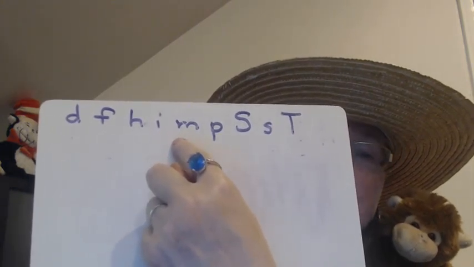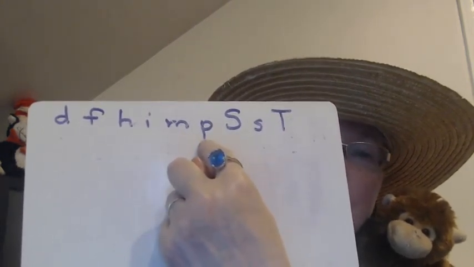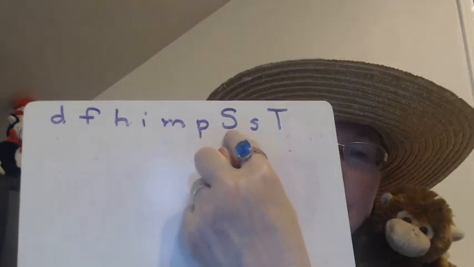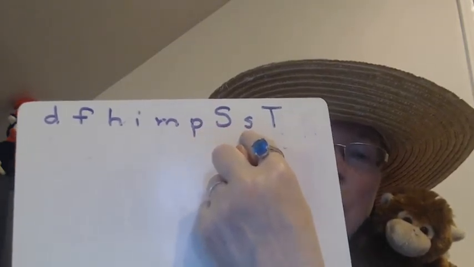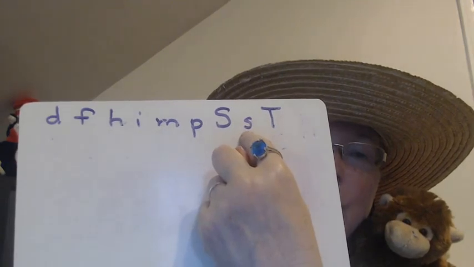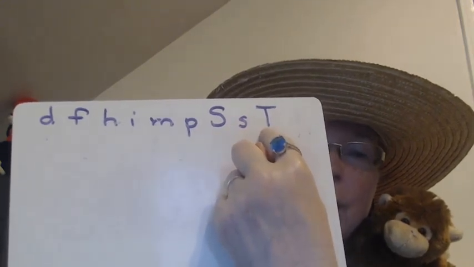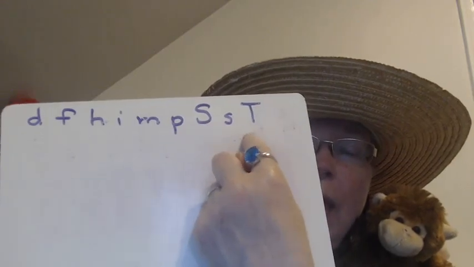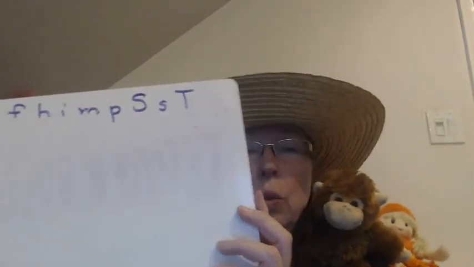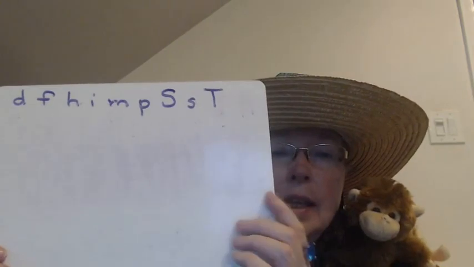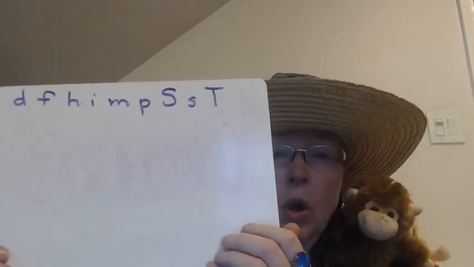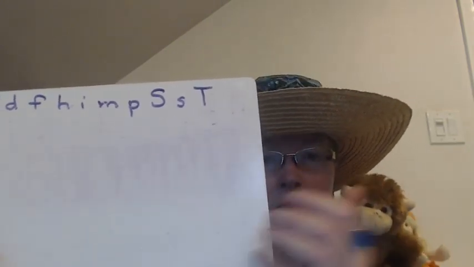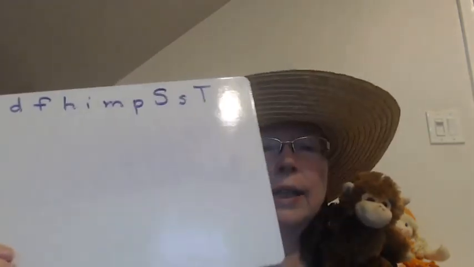M, P. Uppercase S, lowercase s. And uppercase T. So that means that we should have some characters in this story since we have an uppercase S and an uppercase T, or otherwise known as capital S, capital T. All right, let's go ahead and build these words.